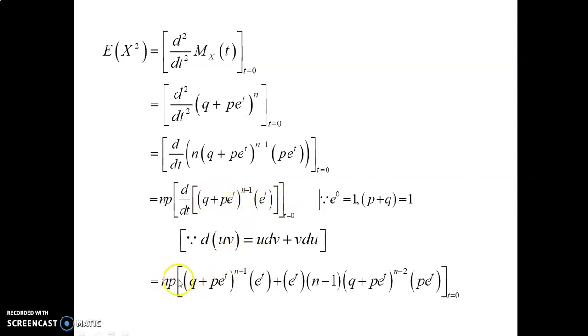So np into: u is fixed, (q + p e^t) into (n-1) e^t plus e^t, since the differentiation of e^t is e^t. Plus, now v = e^t is fixed, then differentiate u: (n-1)(q + p e^t)^(n-2). Next differentiate the inside of the bracket, we get p e^t, at t = 0.